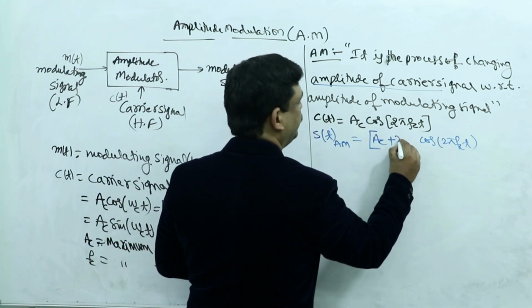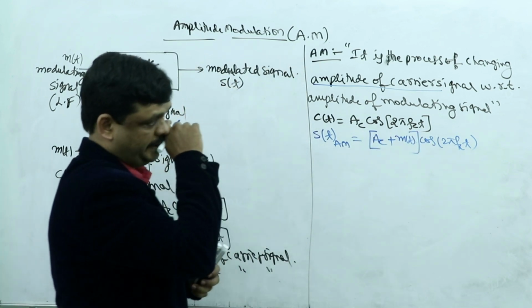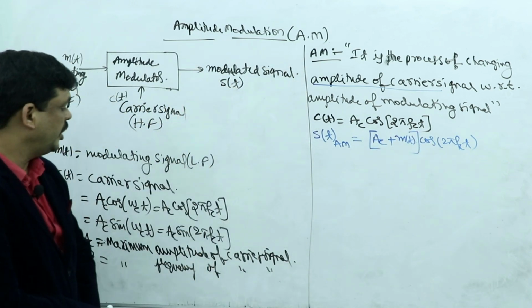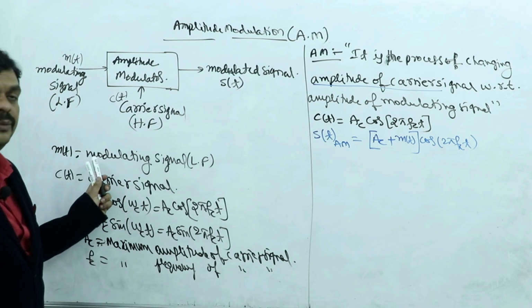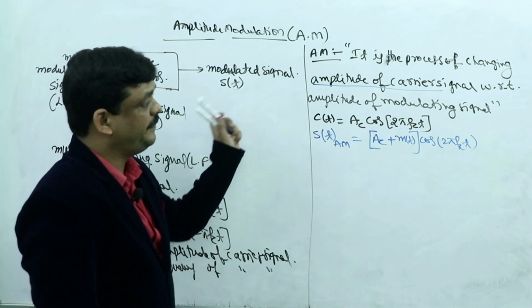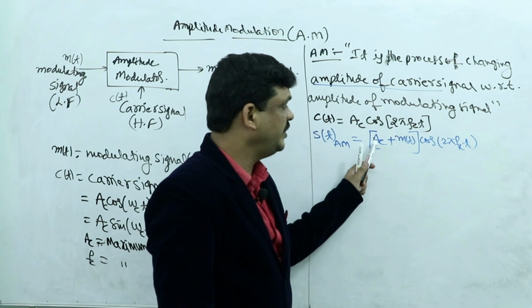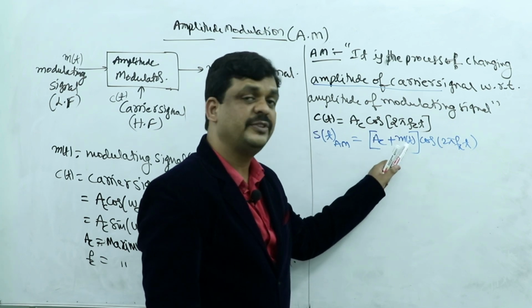That's why we have to add the amplitude of the modulating signal directly like this. See, the modulating signal here is M of t. The amplitude of the modulating signal affects the amplitude of the carrier signal. So the amplitude of the carrier signal changes with respect to the amplitude of the modulating signal.